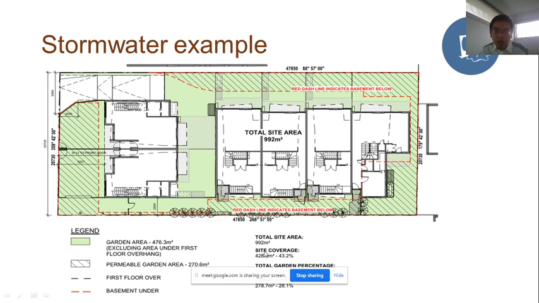You can see here, the total gardening percentage is 48, while the permeable area is only 28.1. So here we must remember, although they are vegetated area, if you have a basement below, they will be treated as impervious areas.